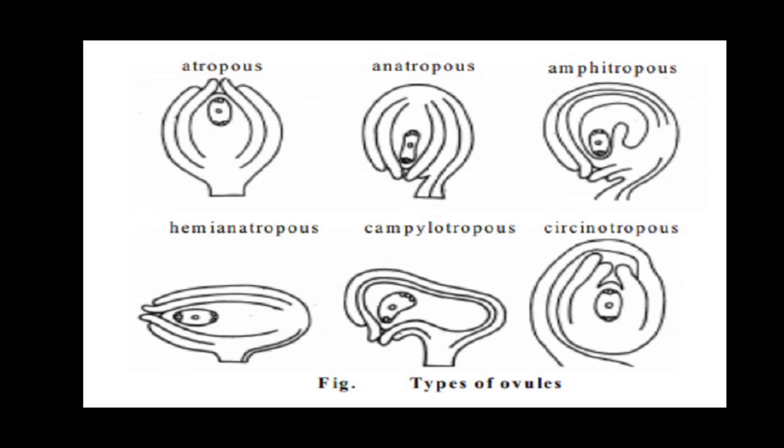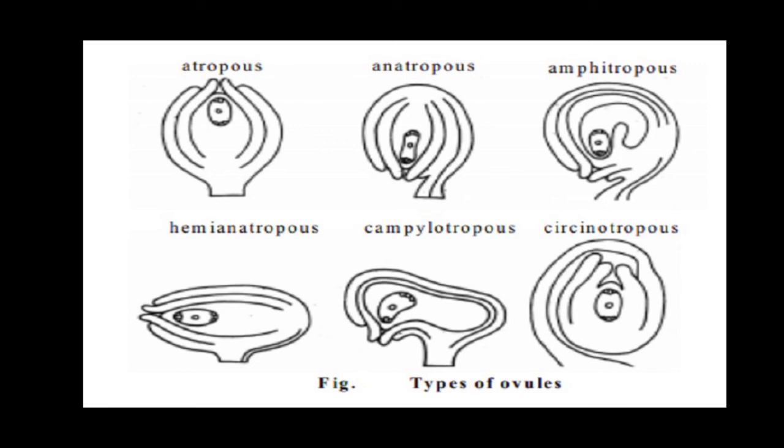The last one is circinotropous, which is the type we find mostly in the cactus family, and you can say the funiculus actually increases in length. It is simply like the anatropous type, but the entire funiculus becomes so long that it covers the entire structure and then makes a full turn.